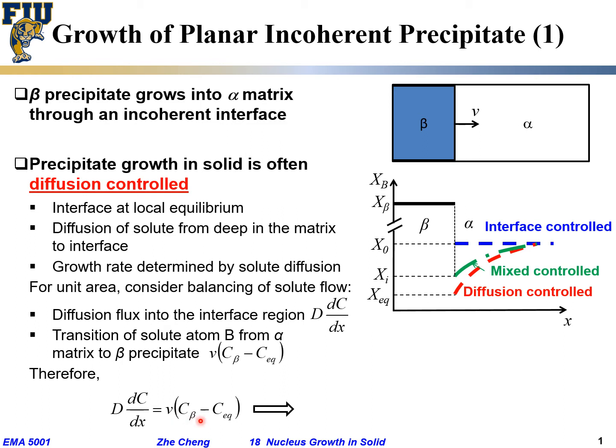Okay, and if we rewrite this equation, we would have the velocity, which is dx over dt.